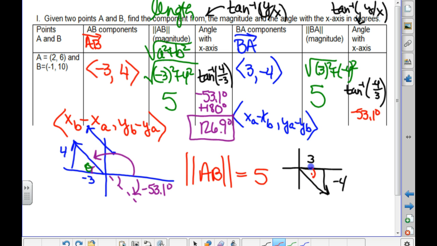Is that in the correct quadrant? Yes, I'm fine with that. If you wanted a positive answer, what would you do to make that a positive angle? Add 360. So you give me negative 53.1, I will accept that, it's fine. Or negative 53.1 plus 360, which is, anybody have that down?